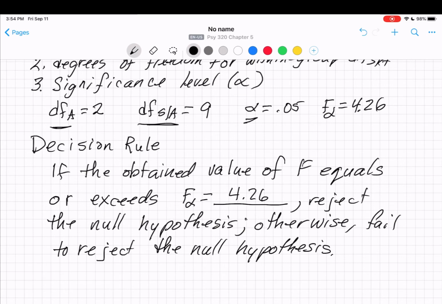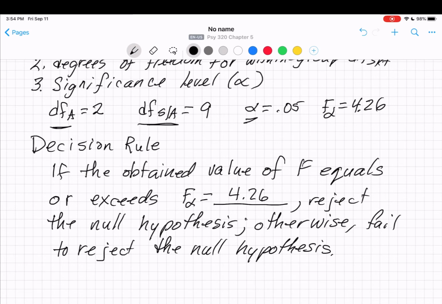Okay, so you're going to write this decision rule this way every time, pretty much, except that the number in the blank is going to change depending on what your degrees of freedom are and what your alpha is in the problem.